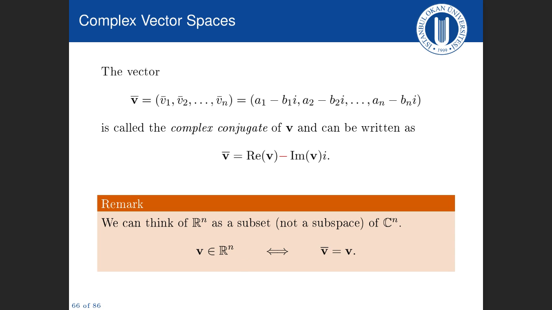It's true because when we talk about complex vector spaces, our scalars are complex numbers. If we take a real vector, let's say the real vector (1, 1), and we multiply it by i, then we get a vector which is not in R^2. R^2 is not a subspace of C^2 because it's not closed under scalar multiplication.